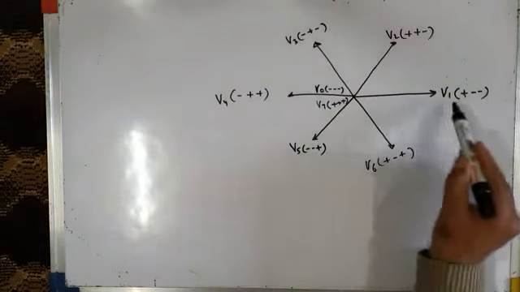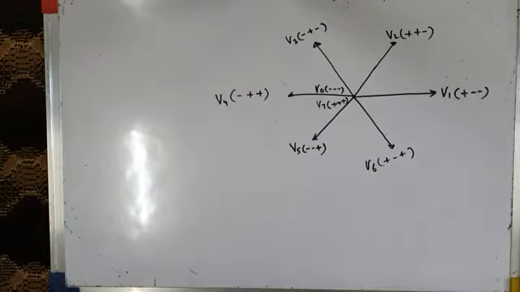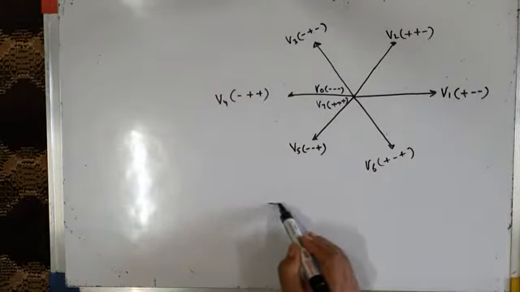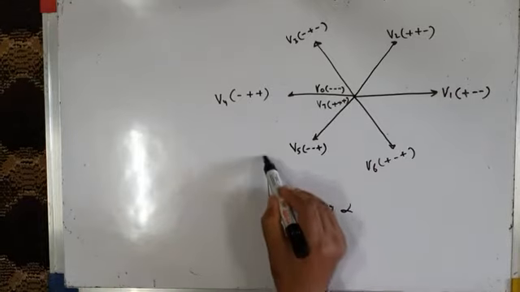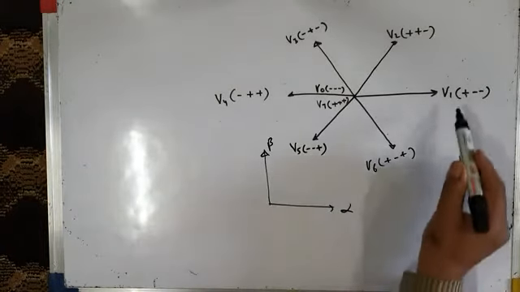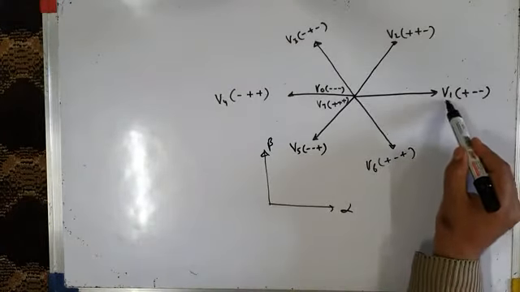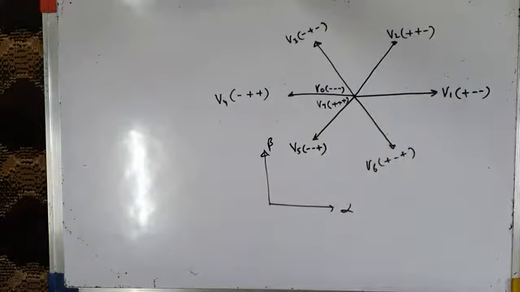How did we get these voltage vectors? If you remember, in alpha beta plane, for example, this is our alpha axis and this is beta. I tried to first of all calculate the magnitude or amplitude of V1 voltage vector.